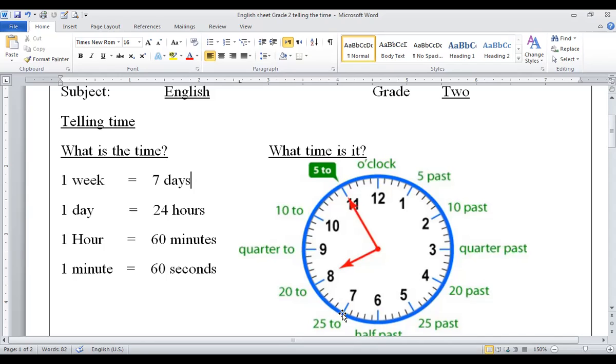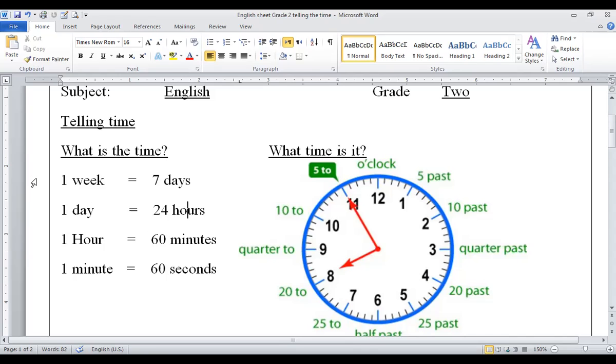After this, 25 to, quarter to, 10 to, 5 to. When we use to, we use the next hour. For example, this is 7:55. We say 5 minutes to 8, because after 5 minutes it will be 8 o'clock. Now it is 7:55.